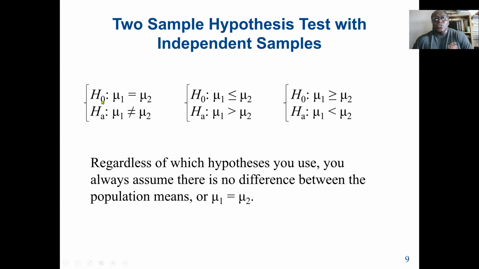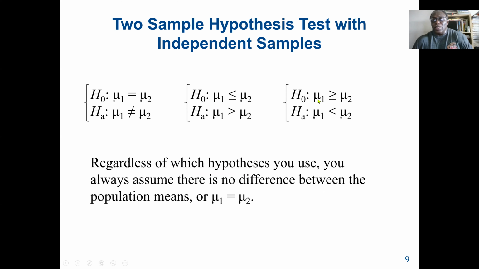So if H0 says the mean mu1 is equal to mu2, then HA will be against it: mu1 not equal to mu2. Now, if H0 says mu1 is less than or equal to mu2, then HA will be mu1 is greater than mu2.